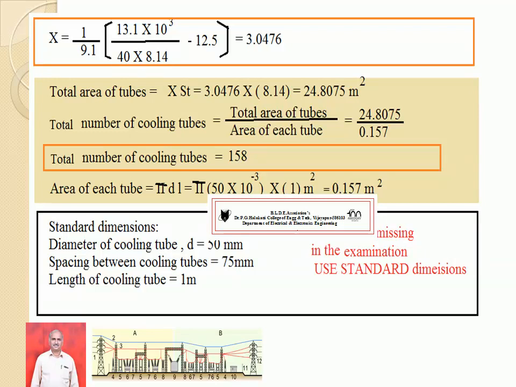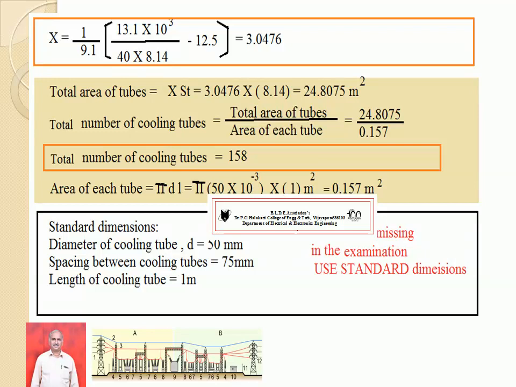L is given, sometimes it may be mentioned as height also, L or h. So it is 1 meter. This value equals 0.157 meter square. Then the number of cooling tubes is around 158.